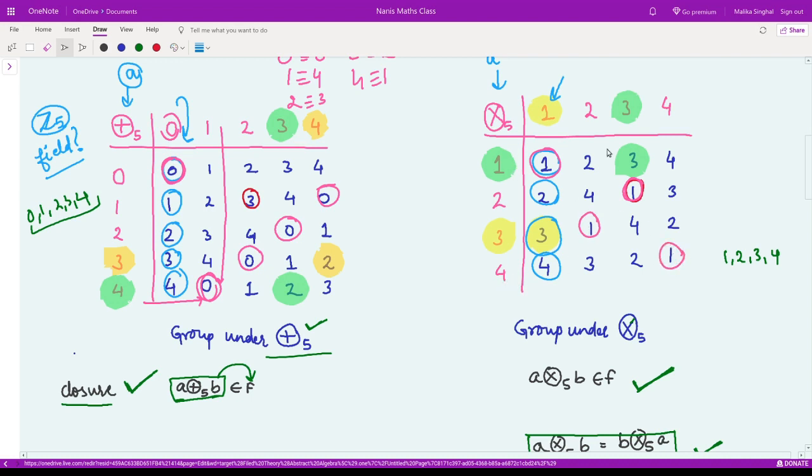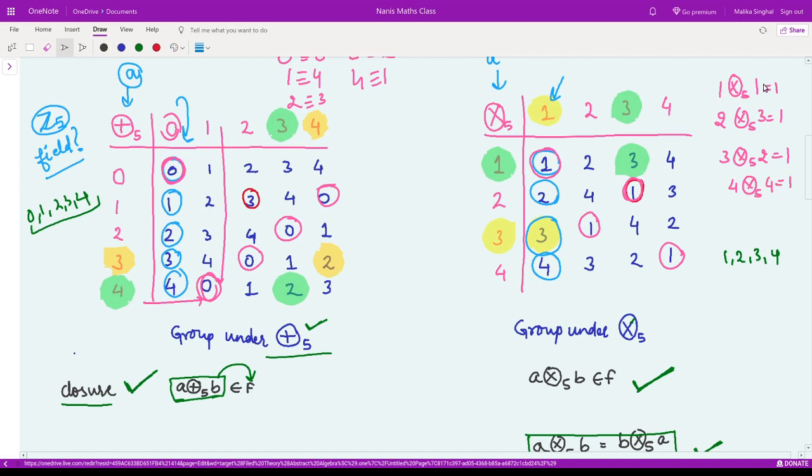That means 1 multiplication mod 5 1 gives 1. 2 multiplication mod 5 3, again I would get 1. 3 multiplication mod 5 2 gives 1. And 4 multiplication mod 5 4 gives 1.